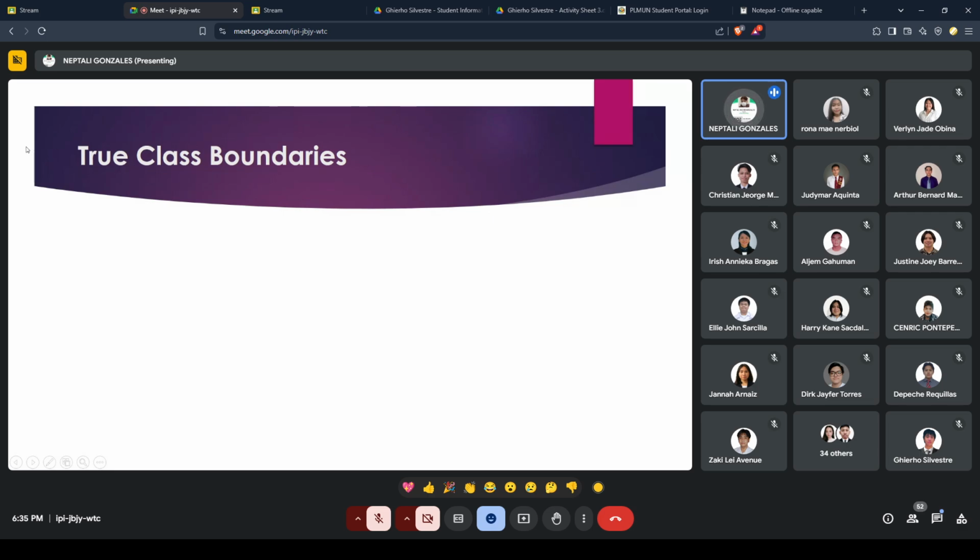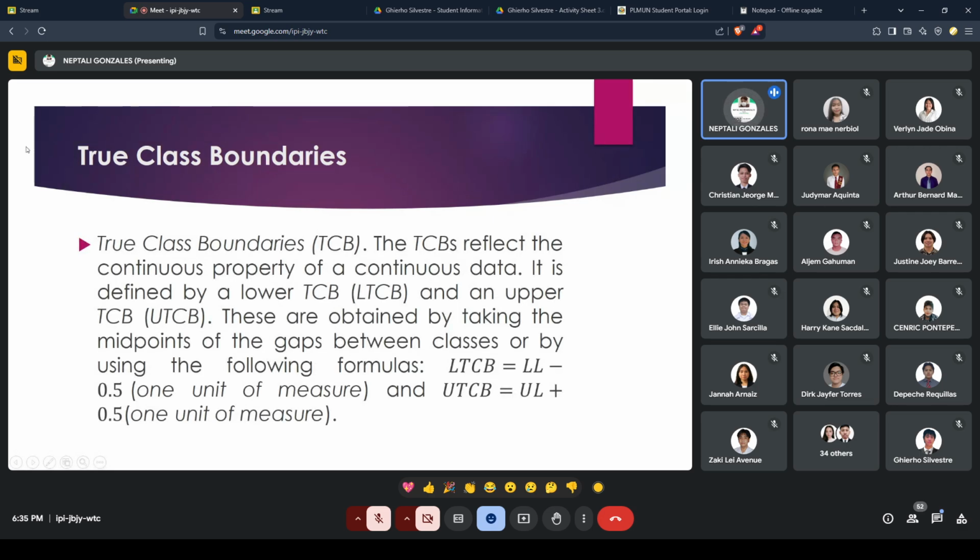True class boundaries, or TCB, reflects the continuous property of continuous data. It is defined by a lower TCB, LTCB, kaya may L sa unahan, and an upper TCB or UTCB. These are obtained by taking the midpoints of the gaps between classes or by using the following formulas.